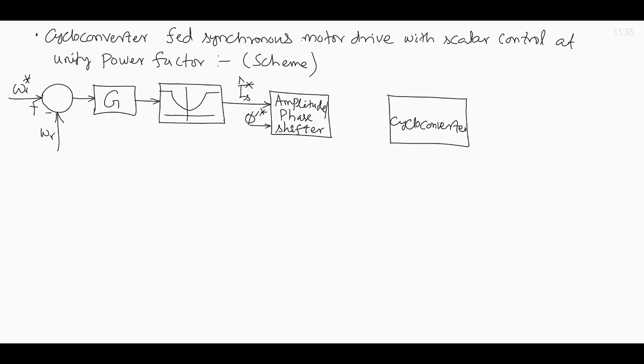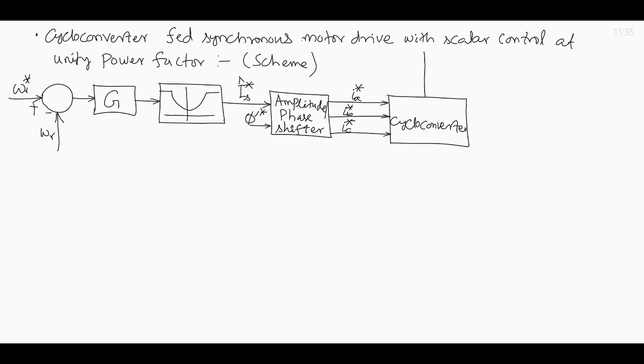This amplitude or phase shifter gives the three phase current commands I A star, I B star and I C star to the cycloconverter.